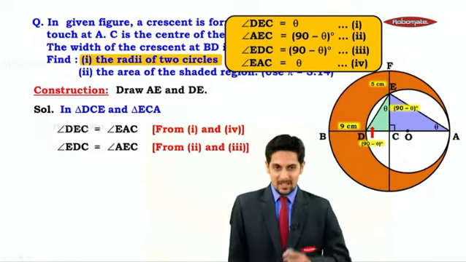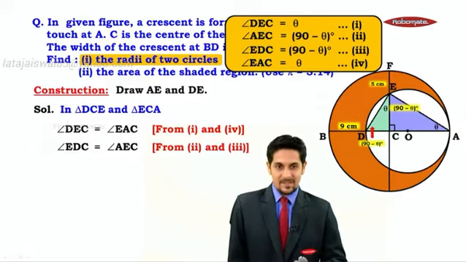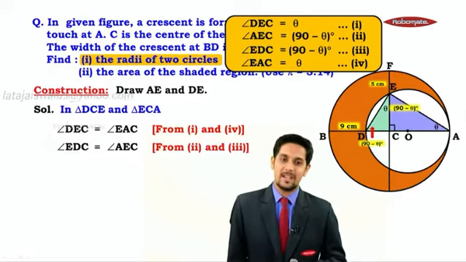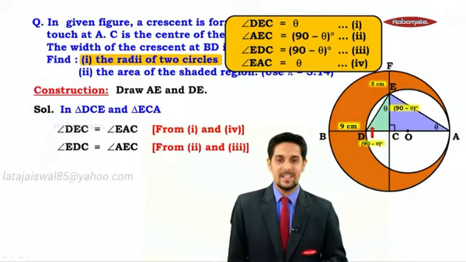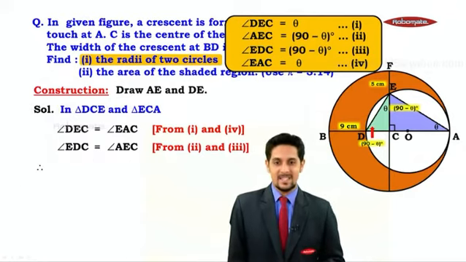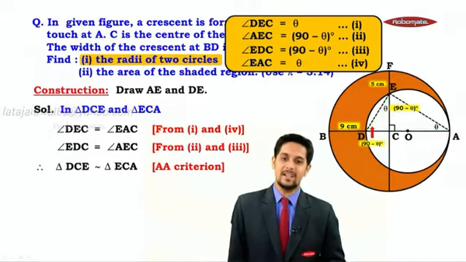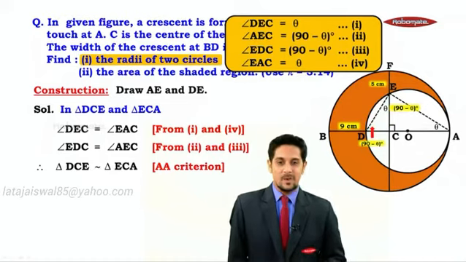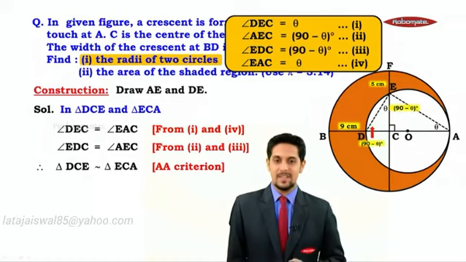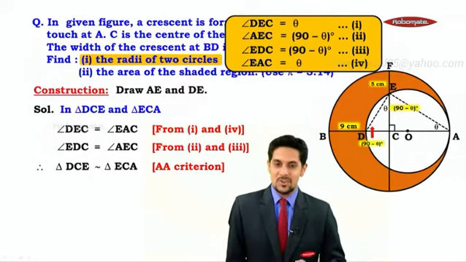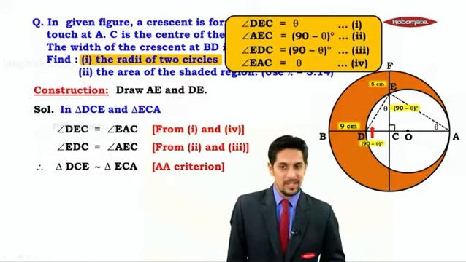As the corresponding angles of one triangle are equal to the corresponding angles of another triangle, we can say the triangle DCE is similar to triangle ECA by AA criterion of similarity. Once the triangles are similar, we can say that the ratios of the corresponding sides are going to be equal.